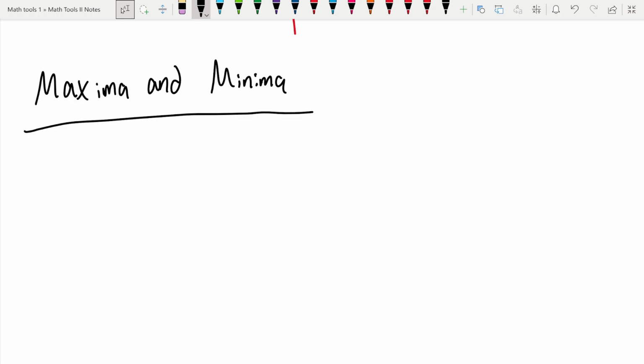So first, let's define an absolute maximum, and I'm just going to do the definition for maximum because I think it's pretty clear how to change it to minimum. Let's write down the definition.